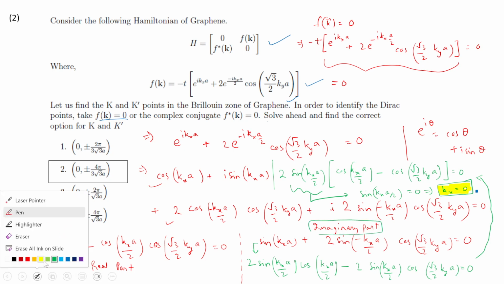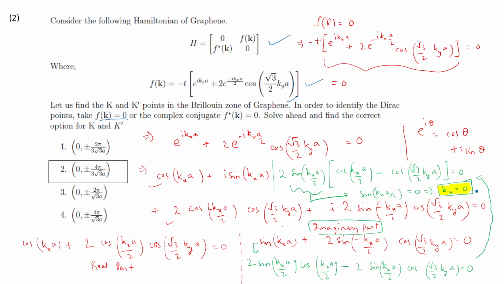Now we have to ensure that the real part is 0 as well. So since kx is equal to 0, cos 0 is 1, so this is 1 plus 2 cos(√3/2 kya).